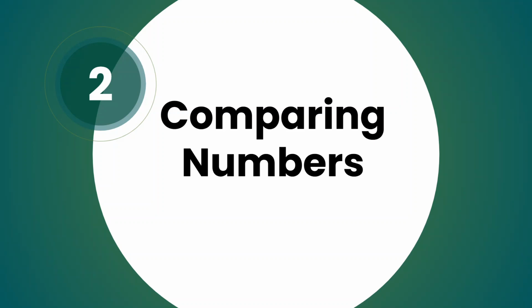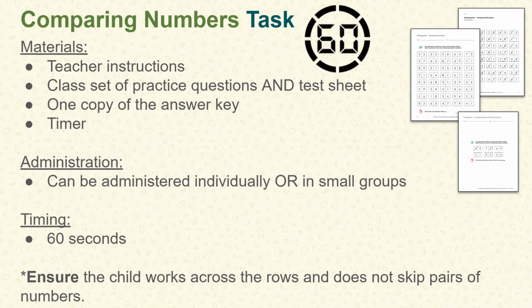In this task, we are looking for quick and accurate access to being able to understand the quantities that those symbolic numbers support. And this ability supports the development of other number skills, from computation to ordinal knowledge and even fractions. So let's take a closer look at this assessment.